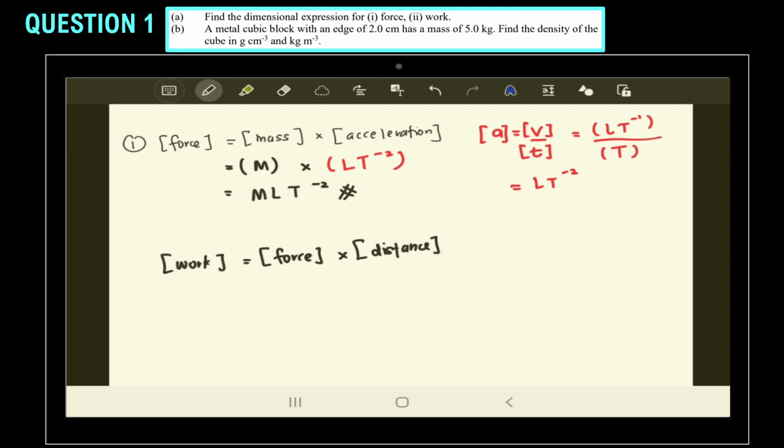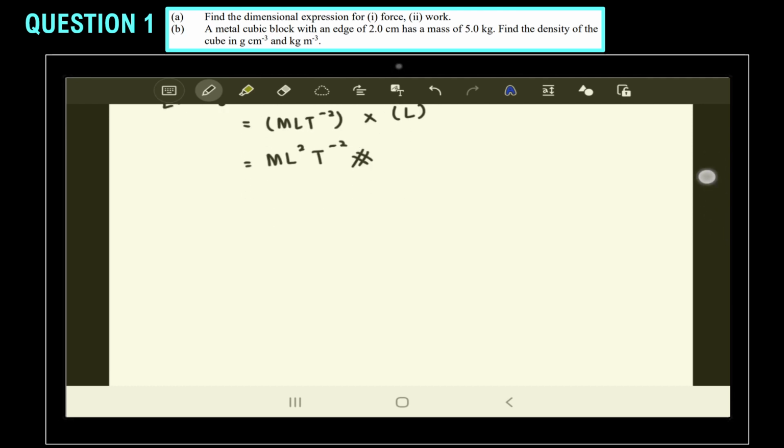So dimension of force is equal to MLT negative 2 times the dimension of the distance. Distance is length, so dimension is L. Therefore, dimension of work is equal to ML2 T negative 2.